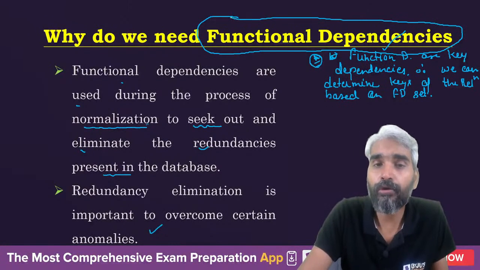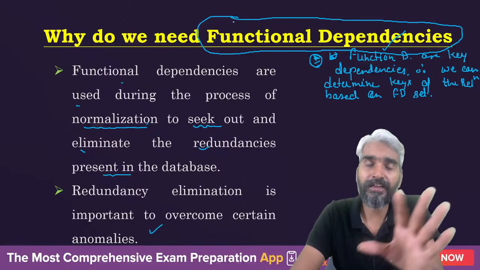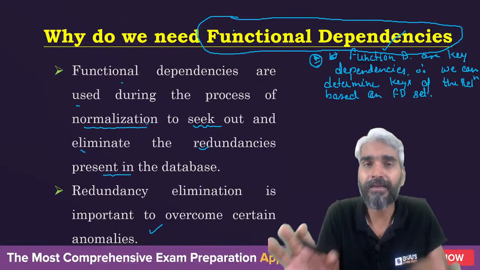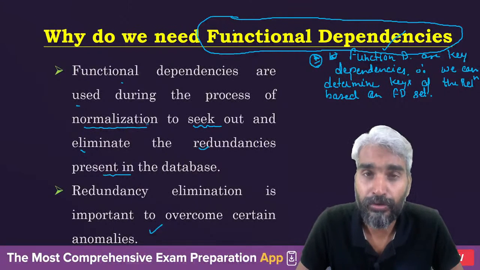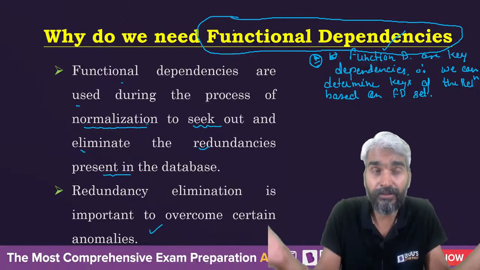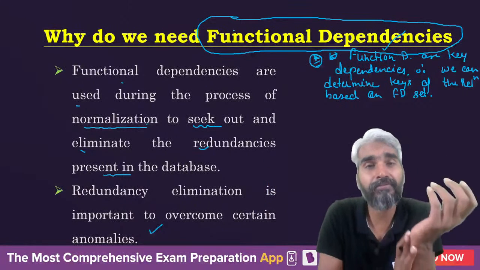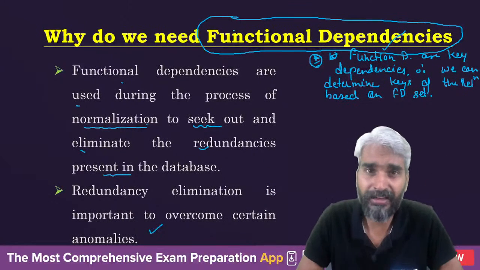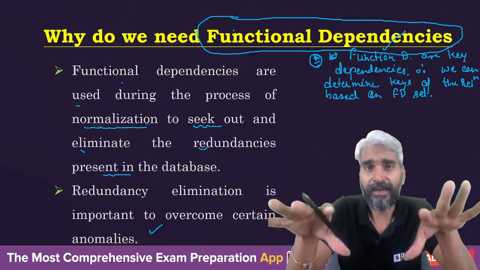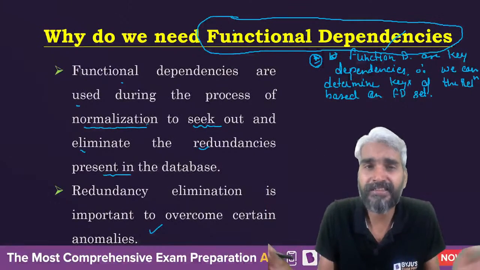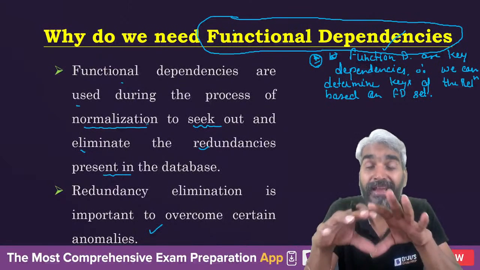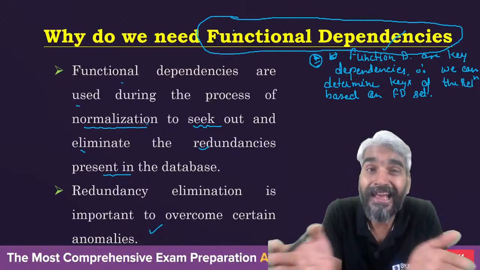The overall idea in relational database management system will be to have a database in which there are no redundancies, so that there will be no anomalies. But when we initially create the database, there will be some redundancies and they will create some anomalies. So with time we will observe the functional dependencies, what thing can give the information of what other things, and based on that we will normalize the database.